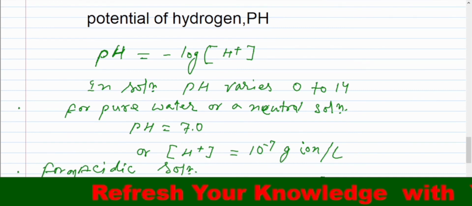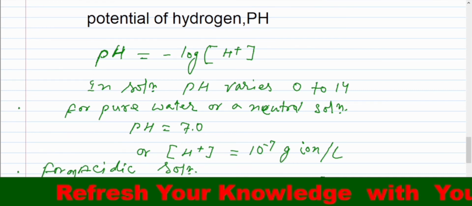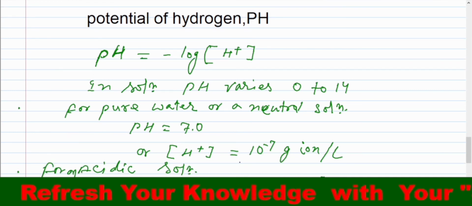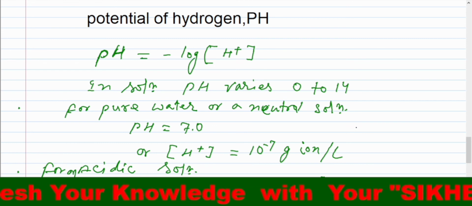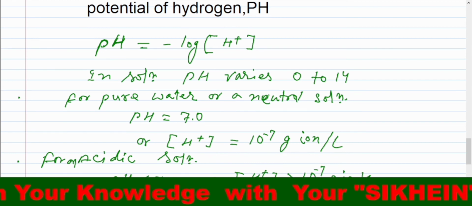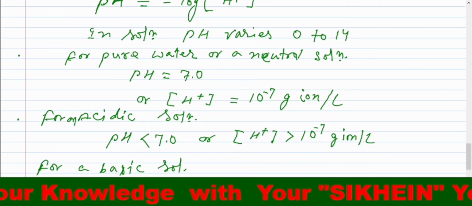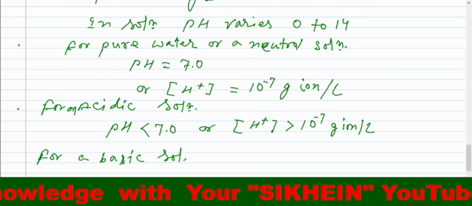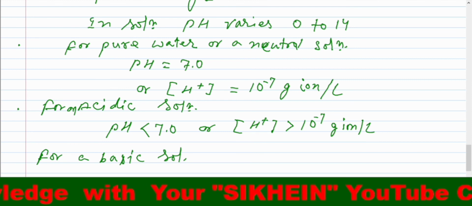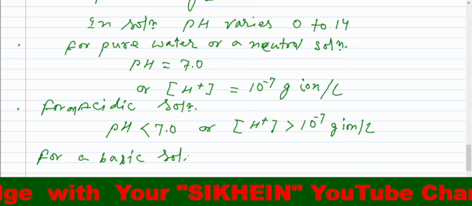For an acidic solution, pH is less than 7, or H ion concentration is greater than 10 to the power minus 7 gram ion per liter. For a basic solution, pH is always greater than 7, or H ion concentration is less than 10 to the power minus 7 gram ion per liter.